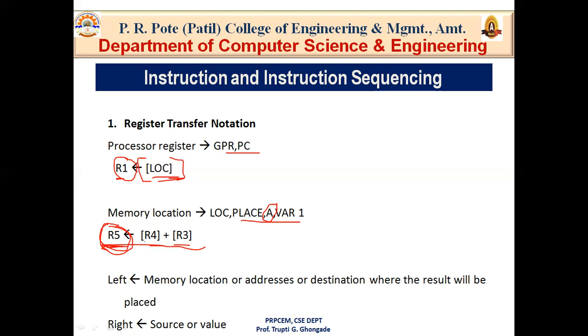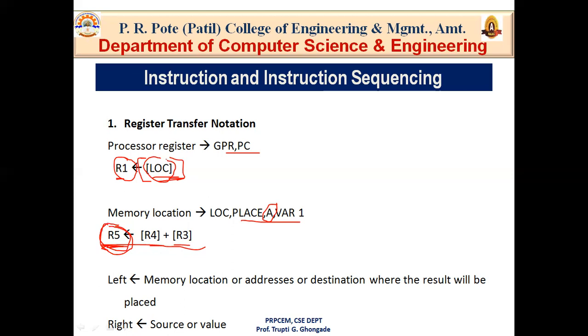Left is always the destination and the right side is always the source, or we can call it the value. As we are fetching the contents of a memory location, what does the memory location store? It stores some value, for example some value or address.